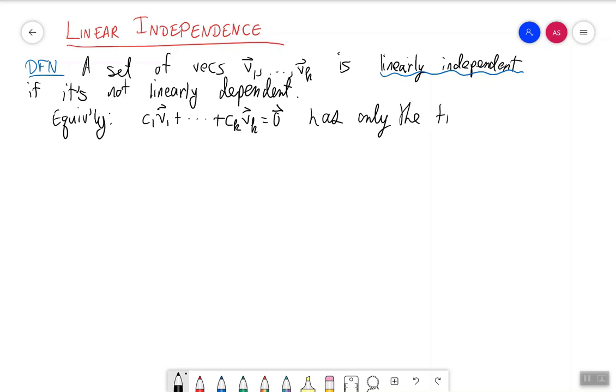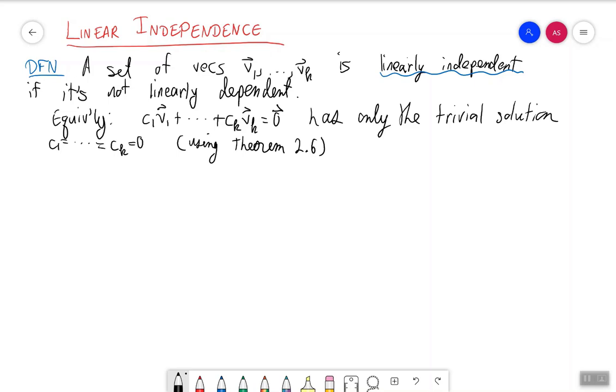The trivial solution: c1 equals dot dot dot equals ck equals 0. And this is using theorem 2.6.